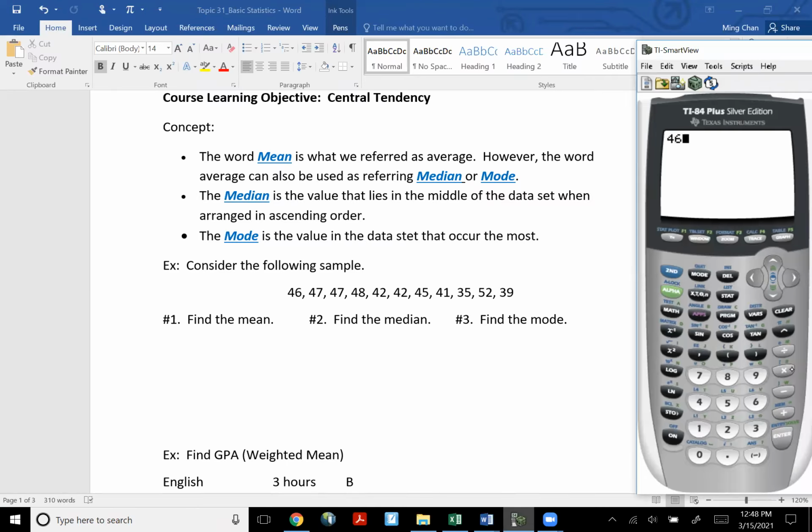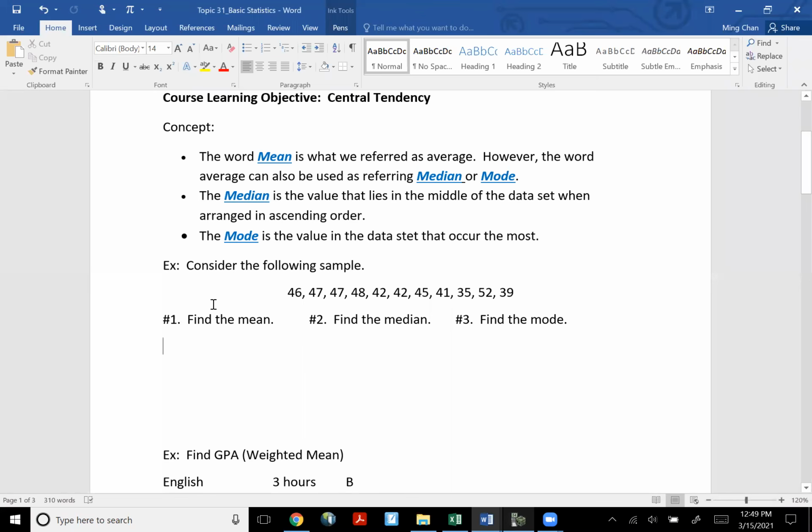So we add them all up first: 46, 47 plus 47 plus 48, 42 twice, 45, 41, 35, 52 plus 39. Eleven numbers. Add them up first, then divide by 11. So our mean is 44.